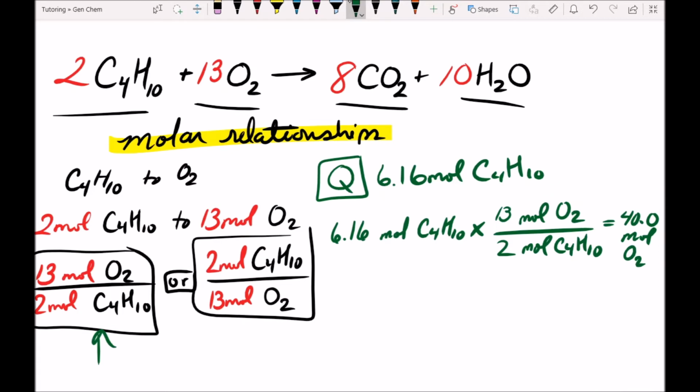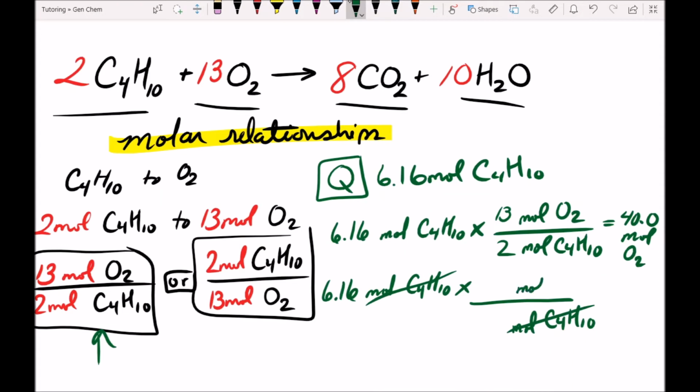Now let's say we still have 6.16 moles of butane, but we want to know how many moles of CO2 are produced from that many moles of butane. So we have 6.16 moles C4H10. We're going to multiply by a fraction, a molar relationship. We still have moles of C4H10 in the denominator because that cancels here.